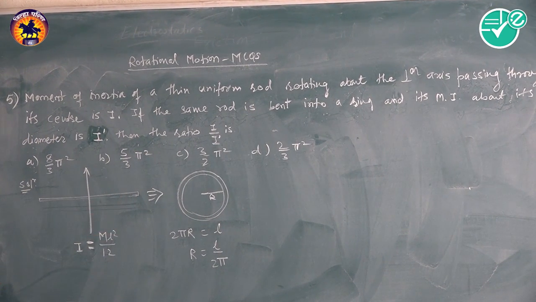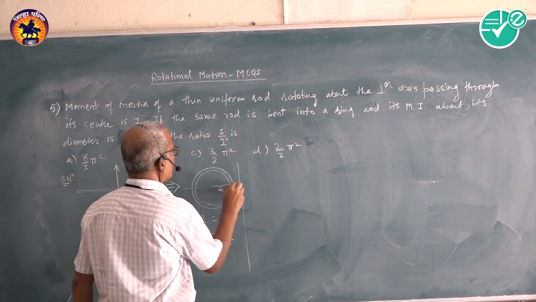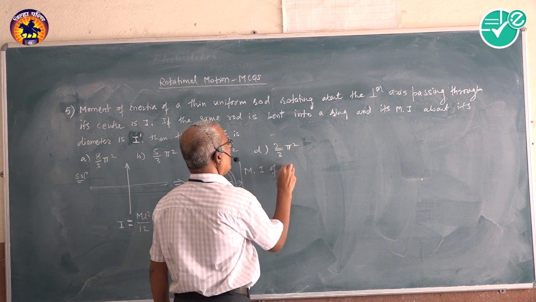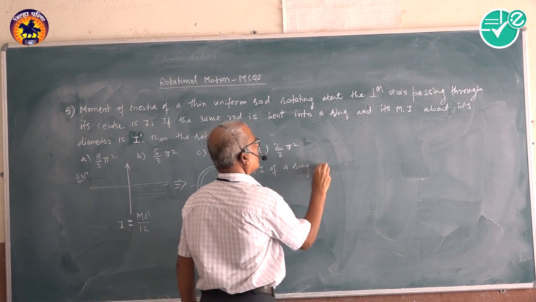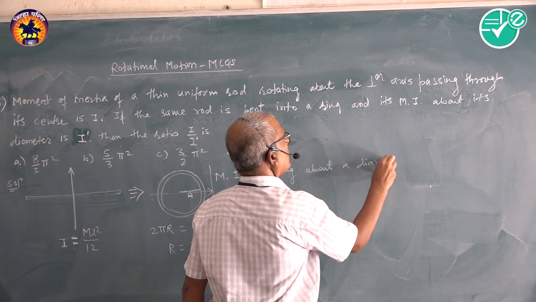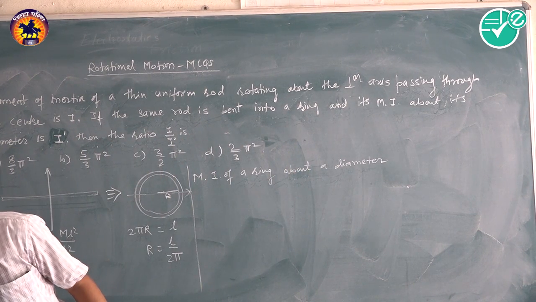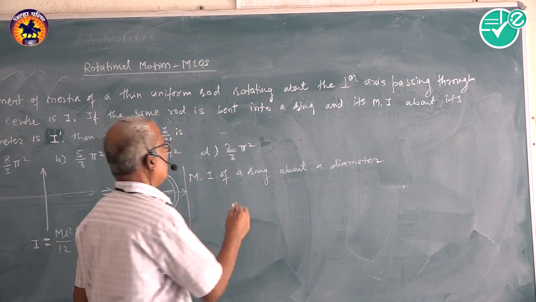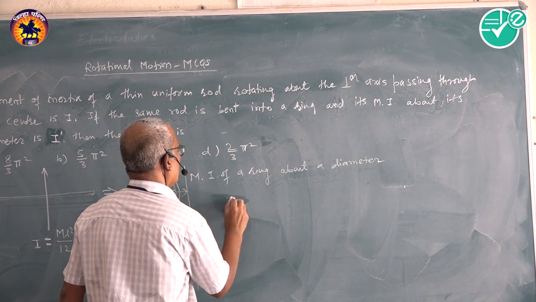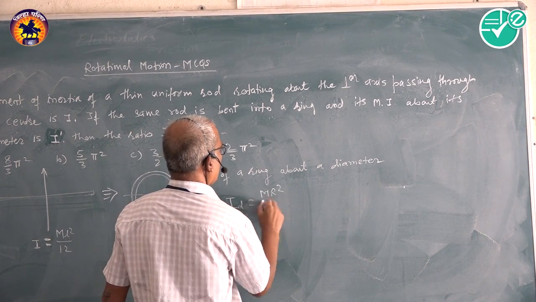Now moment of inertia of the ring about the diameter, because our aim is to calculate the moment of inertia about this. So moment of inertia of a ring about a diameter is ID is equal to mr square by 2.